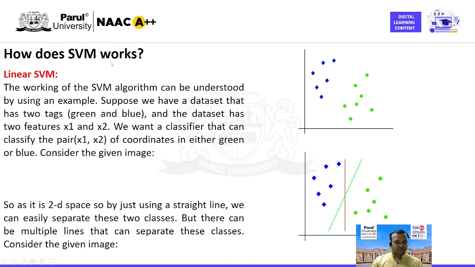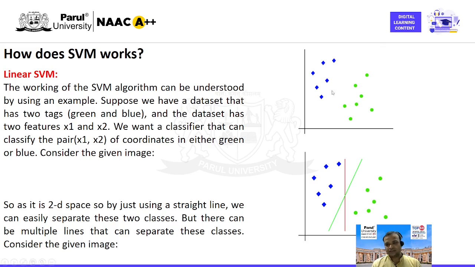How does SVM work? The working of the SVM algorithm can be understood by using an example. Suppose we have a dataset that has two tags, green and blue, as you can see in this picture, and the dataset has two features, x1 and x2. We want a classifier that can classify the pair of coordinates x1 and x2 as either green or blue.